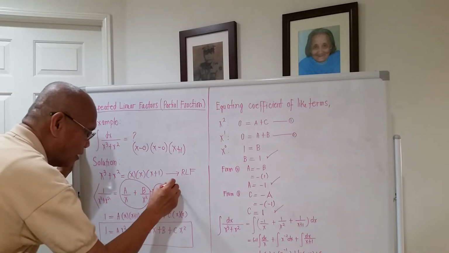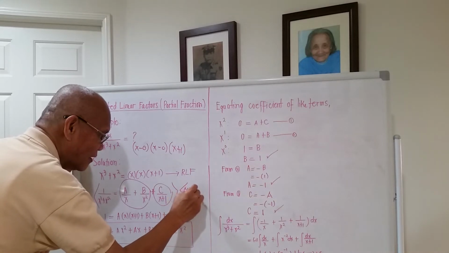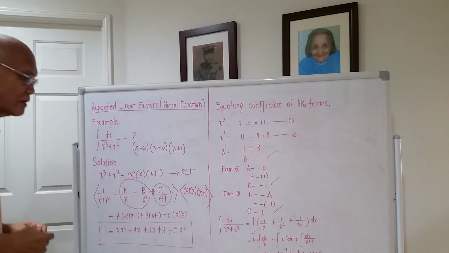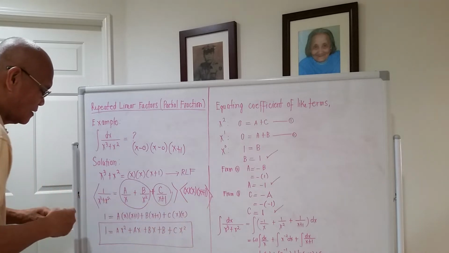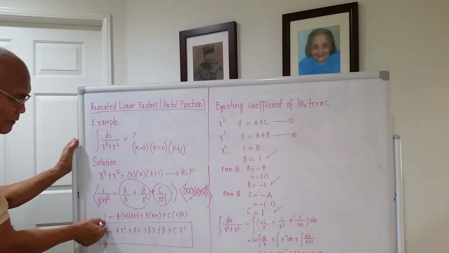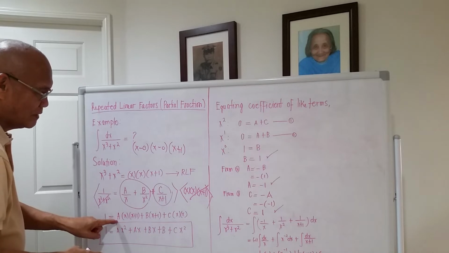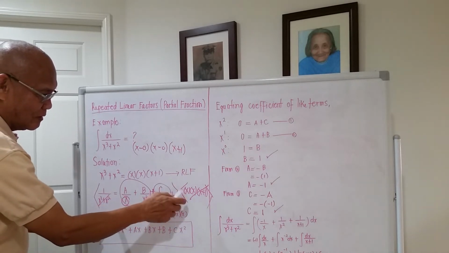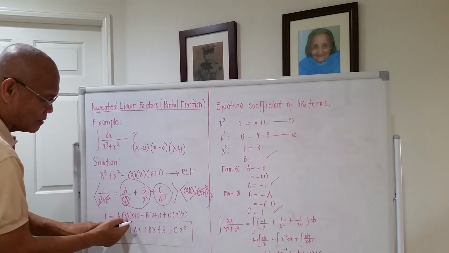We multiply all the terms by x times x times x plus 1. The right hand side multiplied by this will cancel out totally, so the left hand side will be 1. For the right hand side, for A, 1 x will be removed, so what will remain as a multiplier for A will be x times x plus 1.